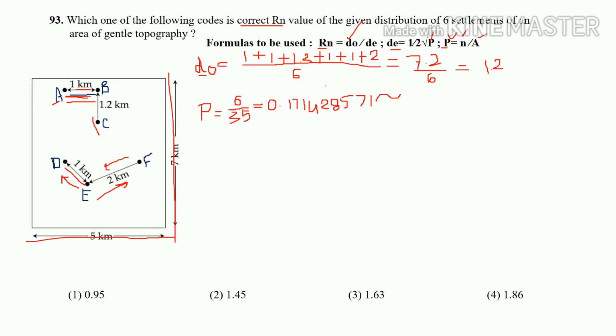And this we can trim down to 0.17. We are rounding off to 2 digits after the decimal, so this will be the value.